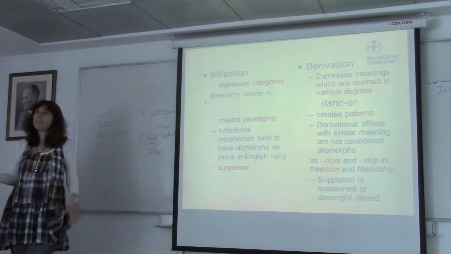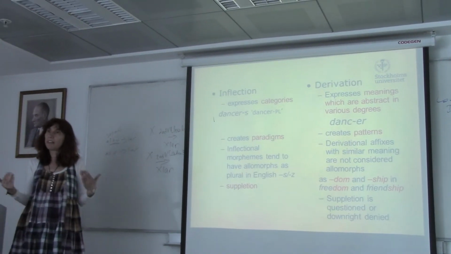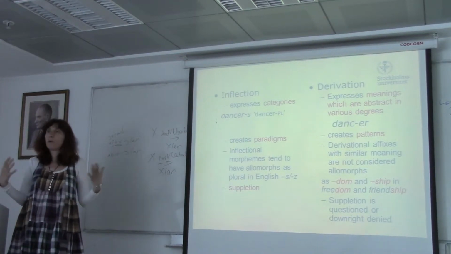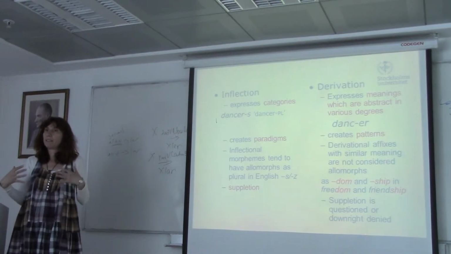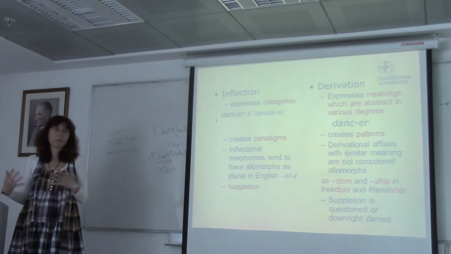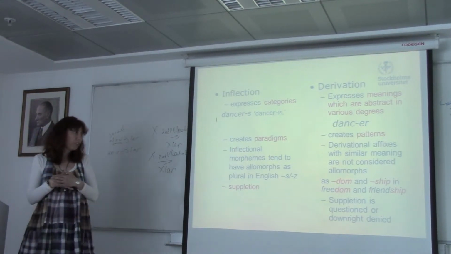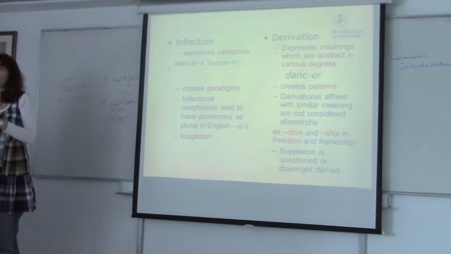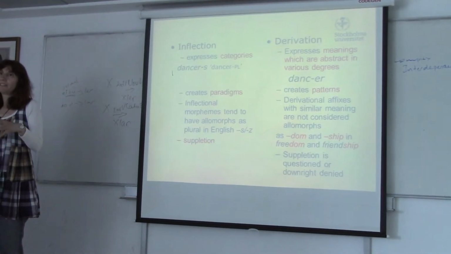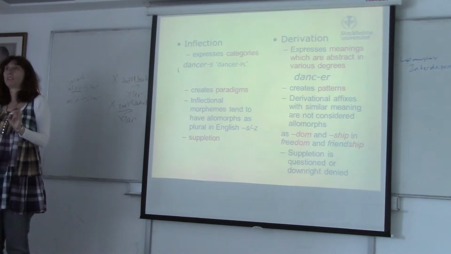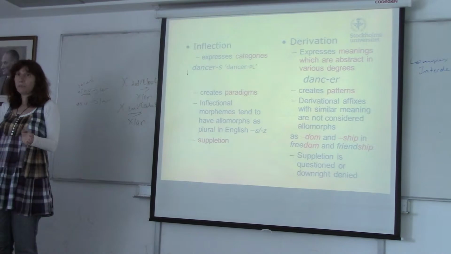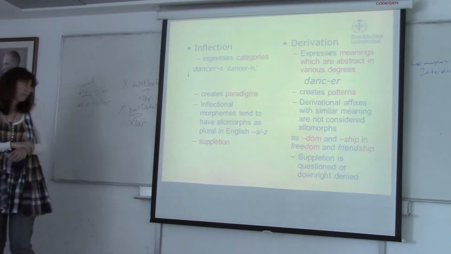Derivational affixes, even if they have similar meanings, and here I've given you two, dom and ship, they both derive abstract nominals from something, like from adjectives for freedom and from other nouns for ship, but they're not seen as allomorphs. They're two different morphemes that both derive abstract nouns.